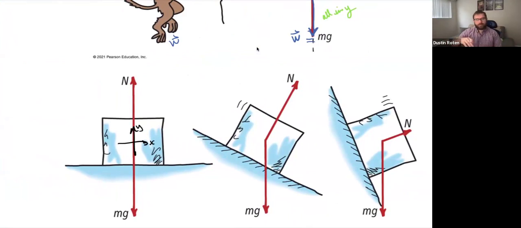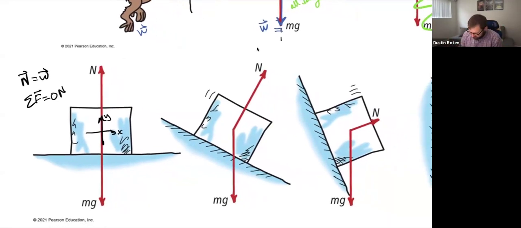So we have the normal force up and the weight down, which means nothing crazy is happening, so these two things are going to cancel each other out. This block is not flying up or down. But now if we start to turn it and start making an incline, look at what happens.